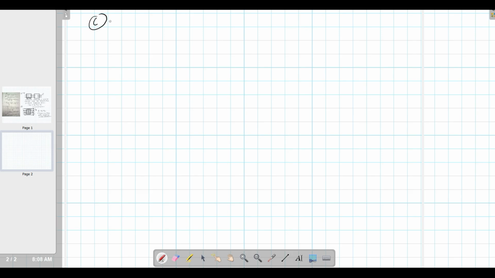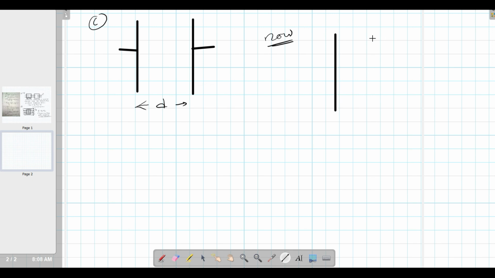Suppose this is the parallel plate capacitor in the initial case. Separation is D. Now the separation between the plates gets reduced. As separation gets reduced, electric field also gets reduced.